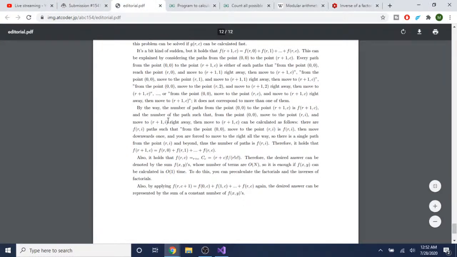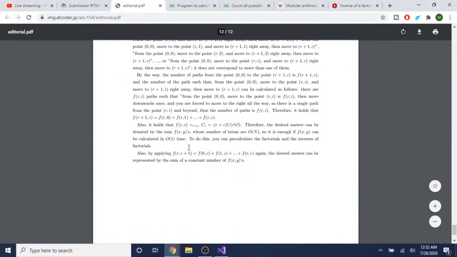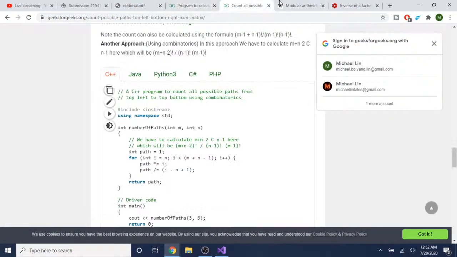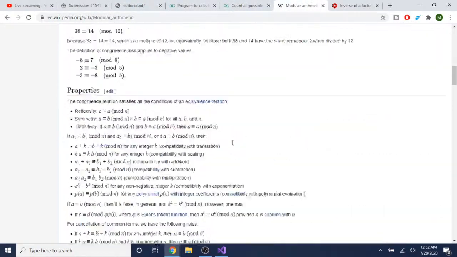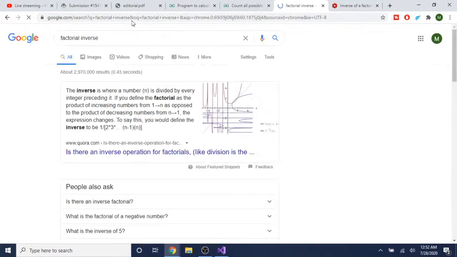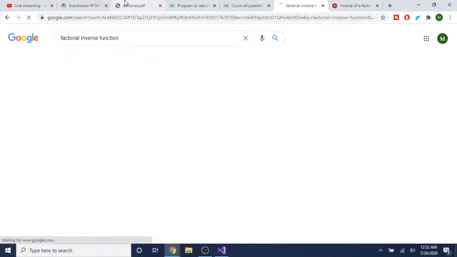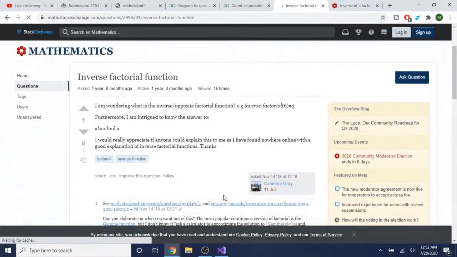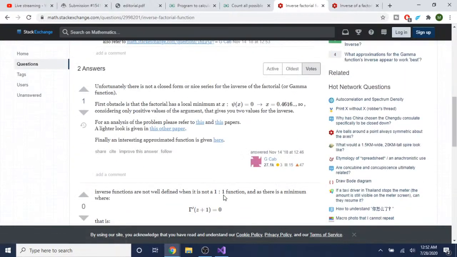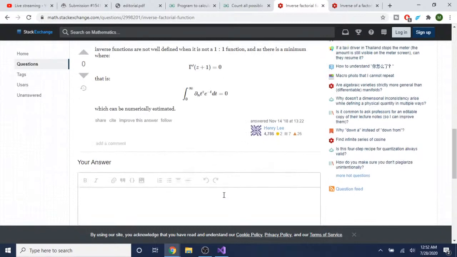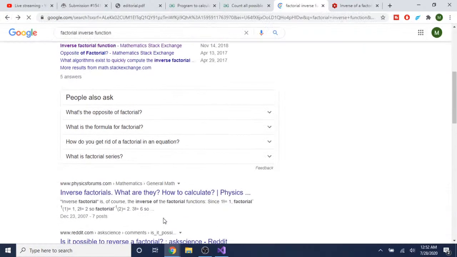That is beyond my understanding of number theory. Factorial inverse. What is going on? This doesn't make any sense.